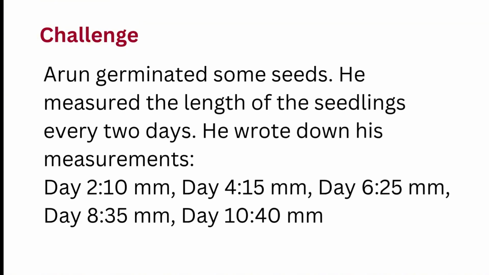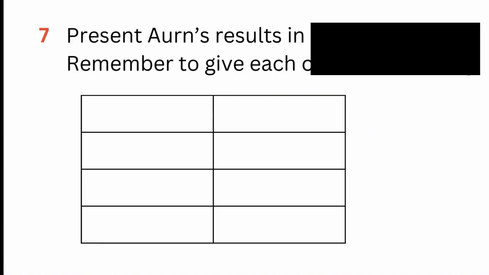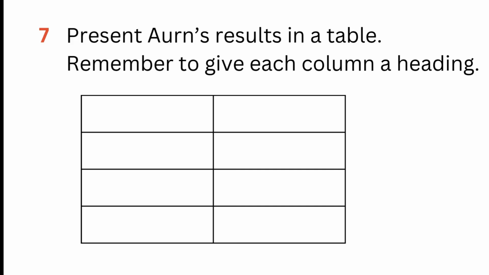Challenge. Aaron germinated some seeds. He measured the length of the seedlings every 2 days. He wrote down his measurements. Day 2, 10 mm. Day 4, 15 mm. Day 6, 25 mm. Day 8, 35 mm. Day 10, 40 mm. Question number 7.